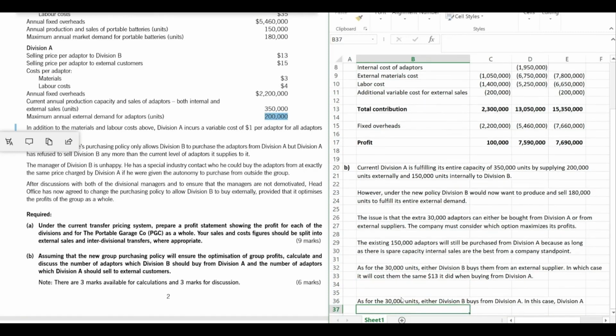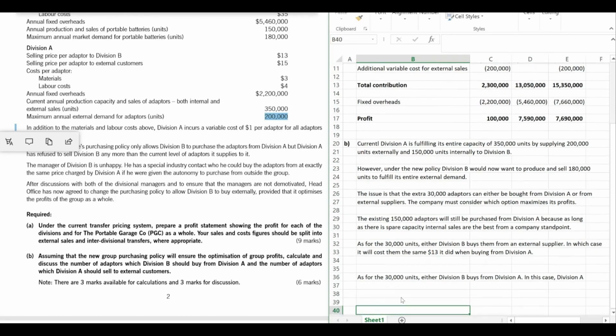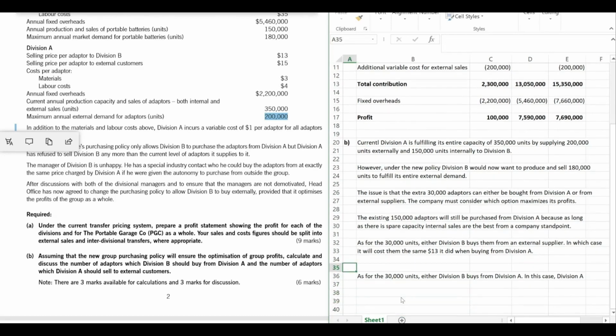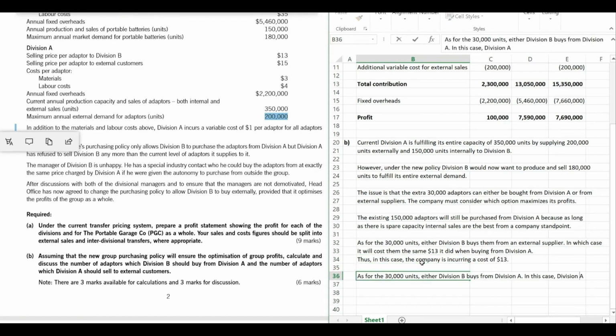So either they can buy from the external suppliers, in which case A can do whatever they want, they don't have any issues, right? Because B is getting those from outside. Thus in this case, the company is incurring a cost of $13, okay? Compare this to the other scenario.